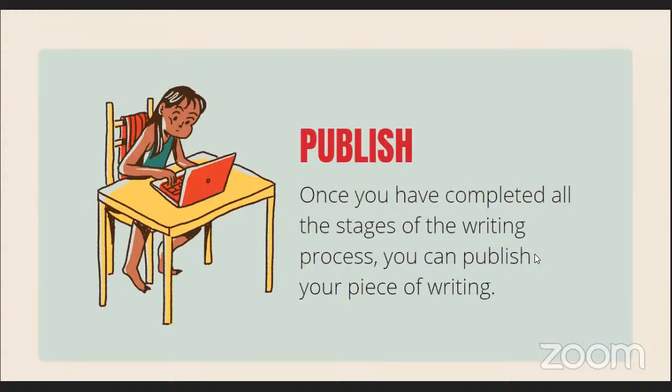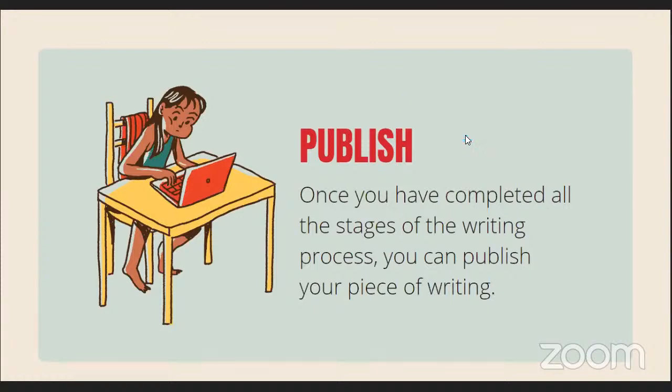So next we talk about drafting and revising. After writing your outline, you write a draft. A draft is not the final copy of what you'll be publishing. A draft is something that looks like your final copy or your final article. After writing your draft, you would now revise, and this is where your mentor or your reviewer comes into place.